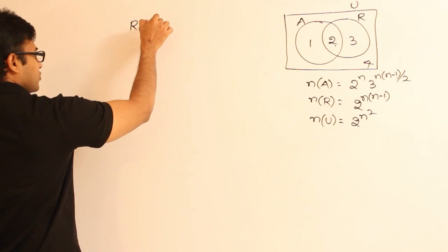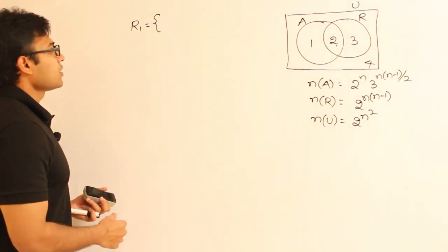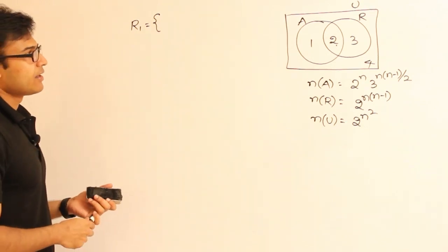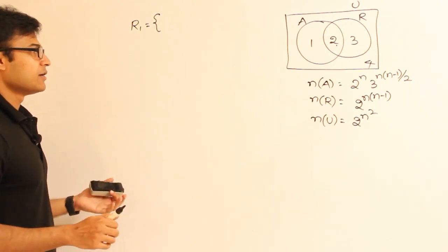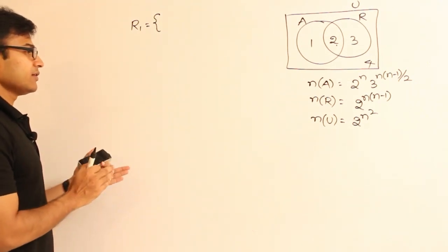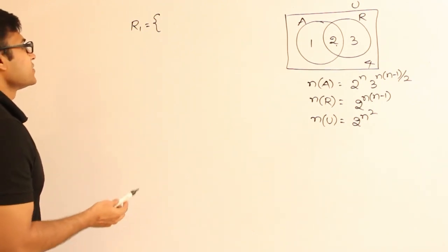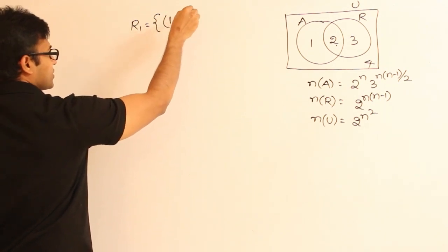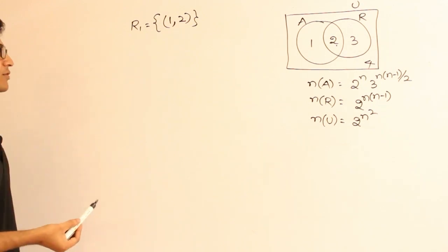To get relations which are antisymmetric but not reflexive, you can just discard or not include one diagonal element, and then see that the resulting relation is antisymmetric as well. For example, the simplest one is 1 comma 2, that is enough. Or even the empty set is an example.